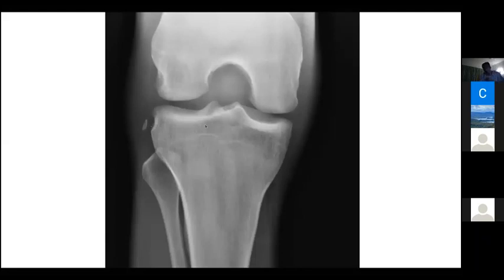So what is there? Okay, someone else. Meniscotibial ligament. Anyone else? Meniscotibial ligament. Sorry, sir.